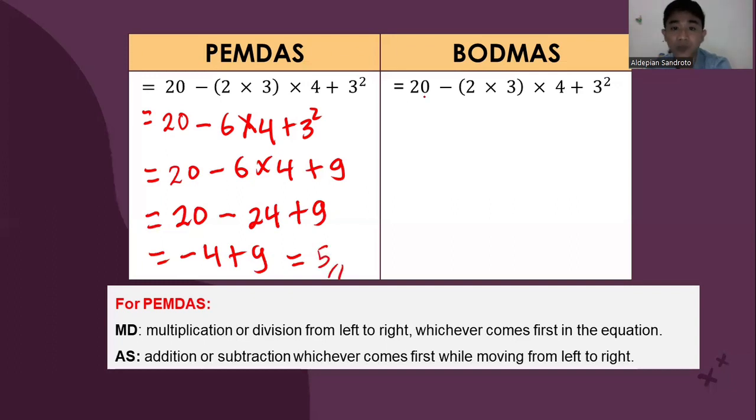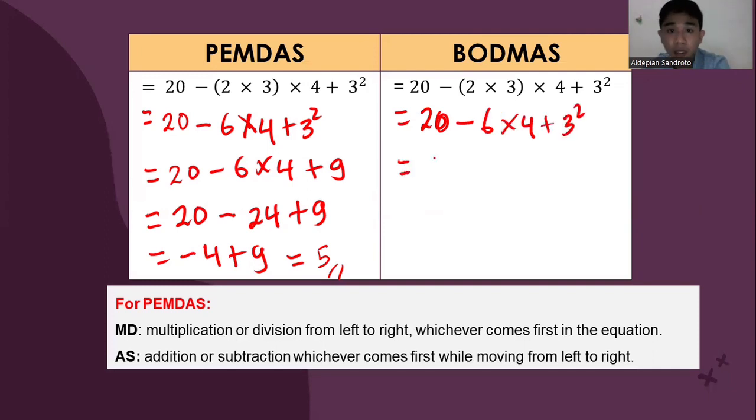And then how about in the BODMAS rule? It's the same. We solve the number in the brackets first, 2 times 3 is 6, times 4, and then plus 3 squared.